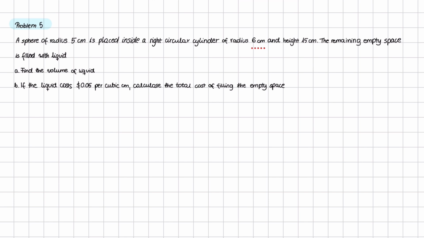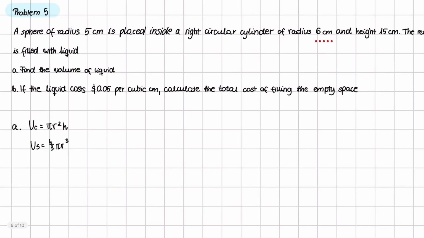So as you probably know, we have to subtract the volume of the sphere from the volume of the circular cylinder. So let's firstly rewrite the volumes for both figures. So these are our formulas. The first one is for the volume of the cylinder, and the second one is for the volume of a sphere. So now we can substitute our values.